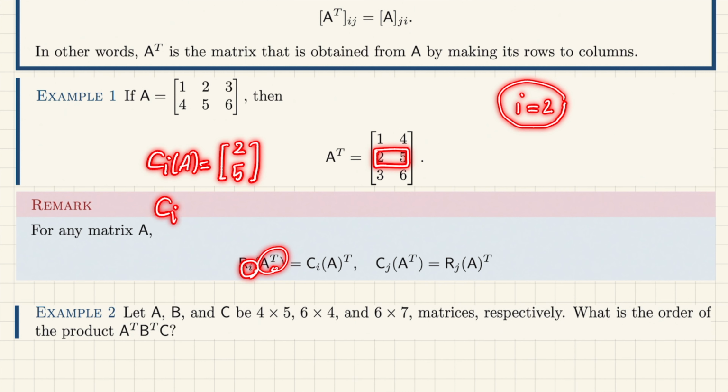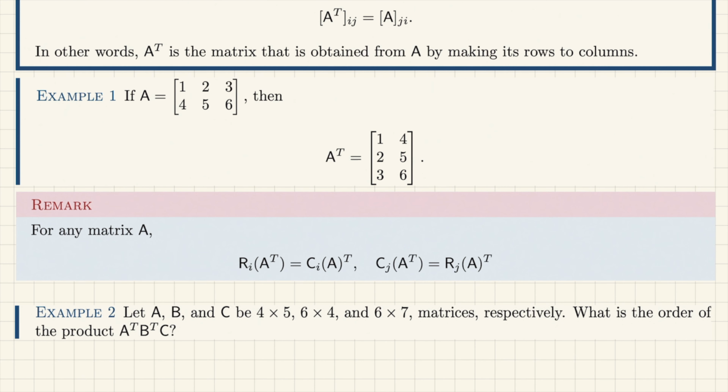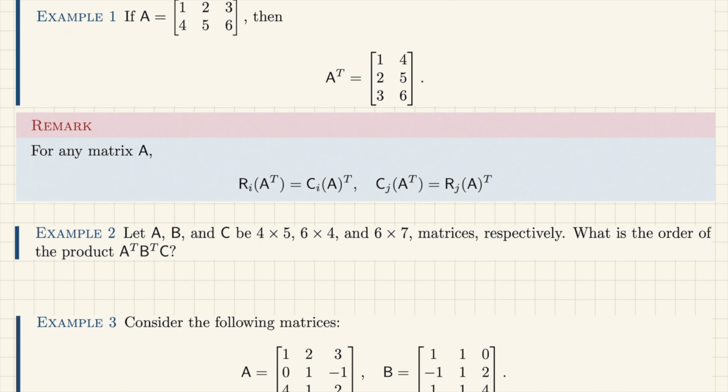Now if I transpose the second column, it becomes exactly 2, 5 as demanded. Yes? So it is simple that the ith row of the transpose matrix is equal to the corresponding column of A, but transposed. And the same is true if you consider the columns instead of rows. Yeah, is that clear? But they are very simple actually.